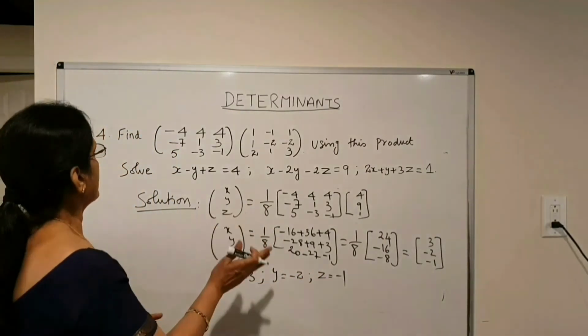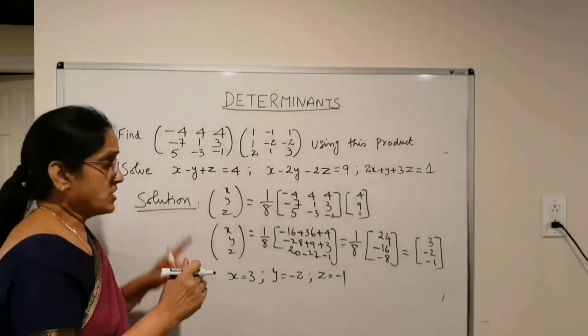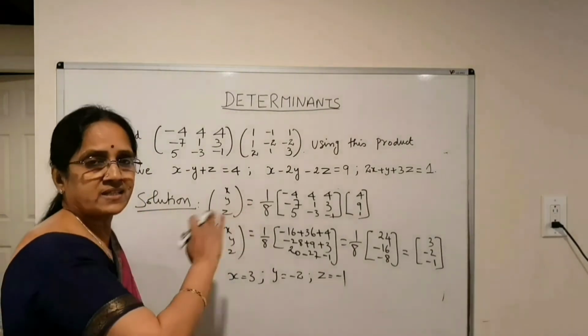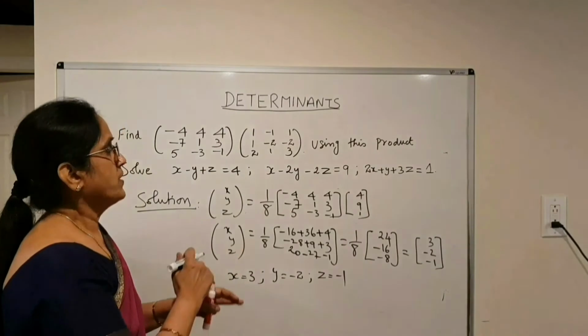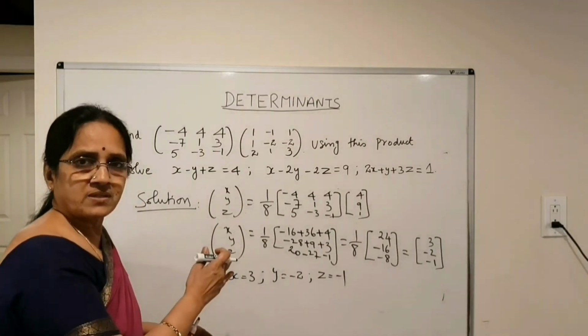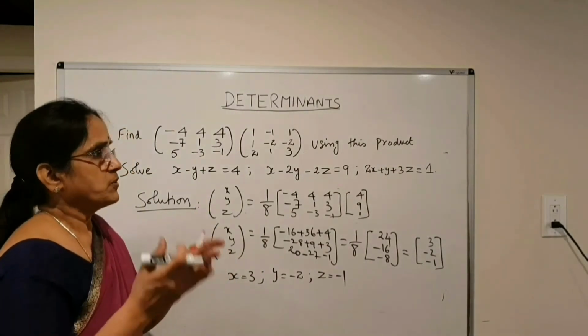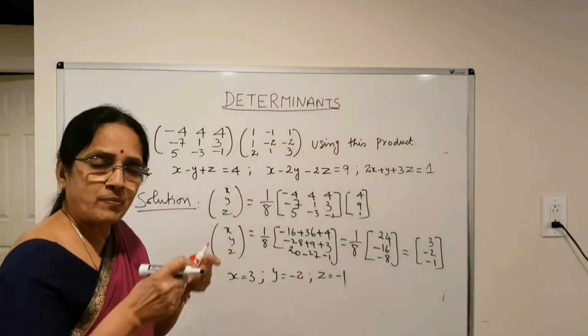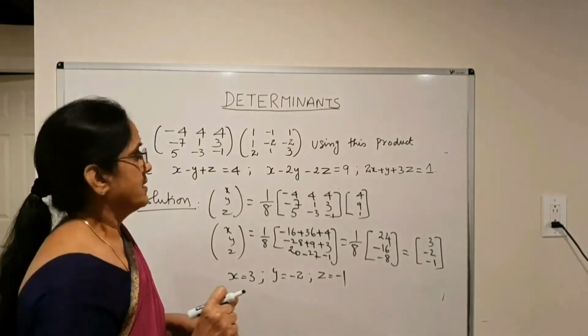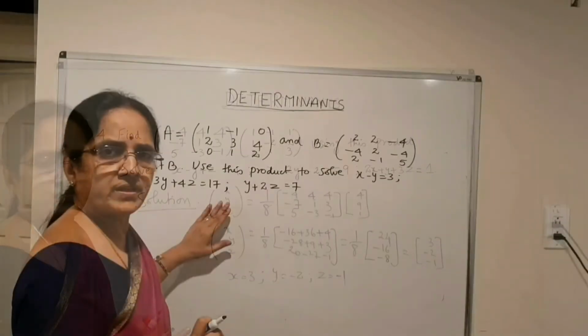Now let us move on to question number 5. Question number 5 is also of the same type, finding the product. I am doing one more sum of the same type so that you will be in a position to understand properly.